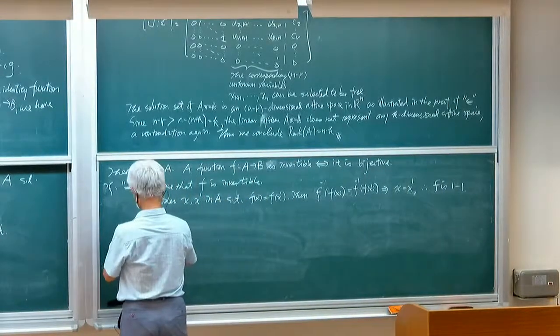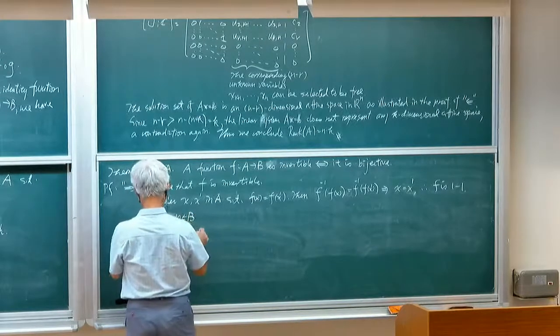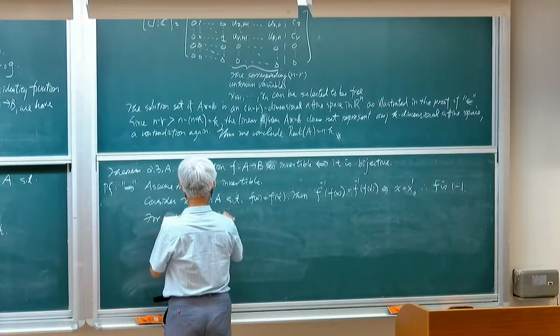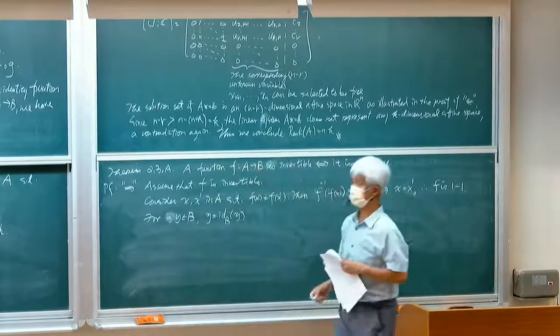Now, for a y in B, y can be written using the identity function.